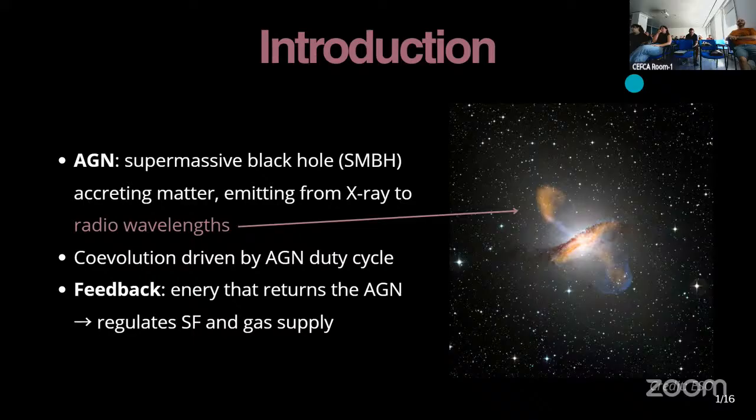It's that the AGN returns energy in short periods, followed by long dormant periods. So it's just a cycle of activity, then a sleepy AGN, so to say, and again. This energy that is returned to the environment is what we call feedback, and it regulates both star formation and the gas supply of the galaxy.